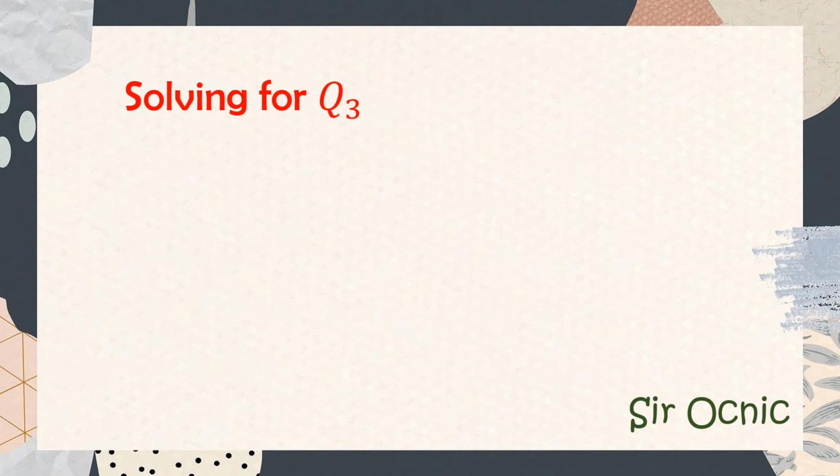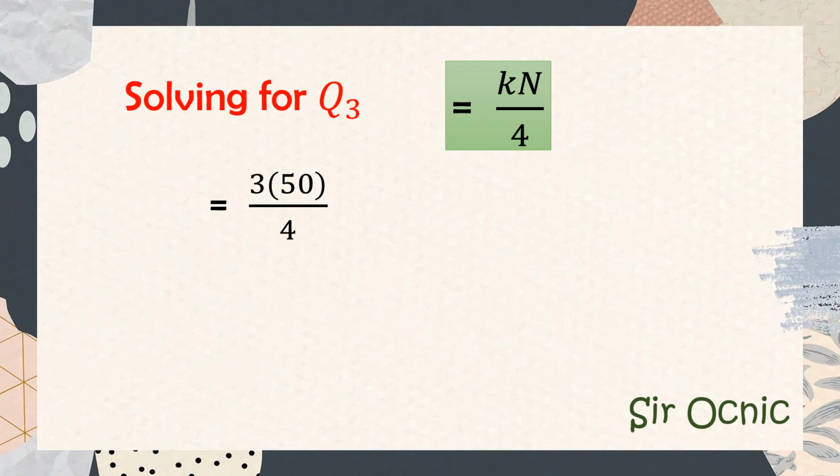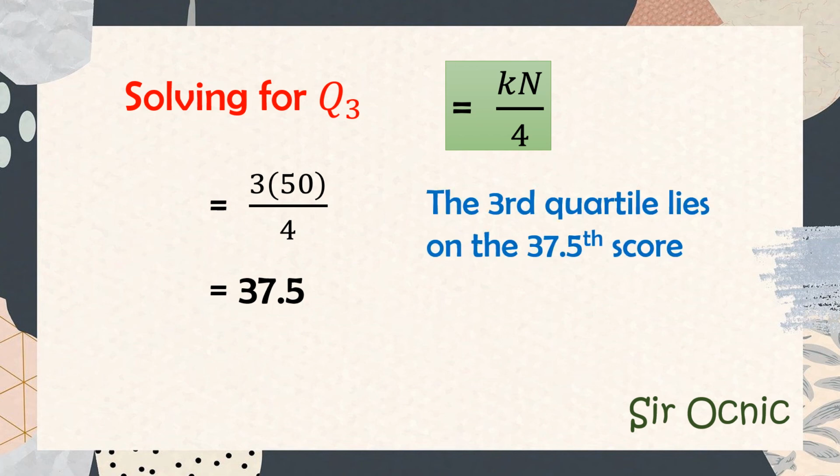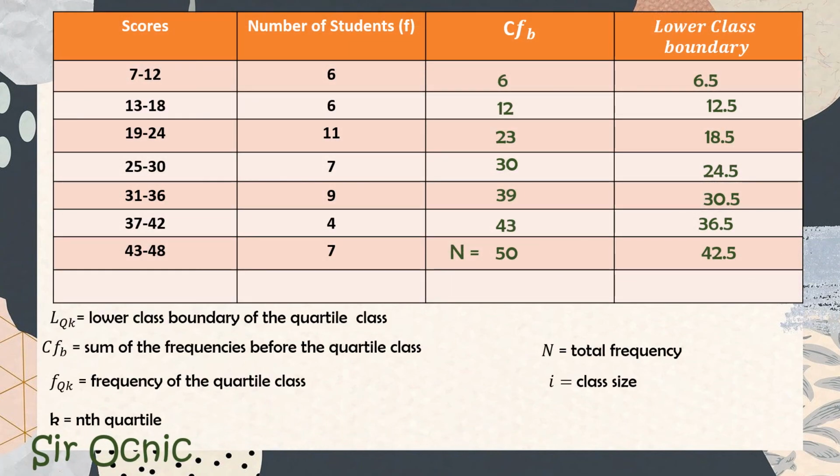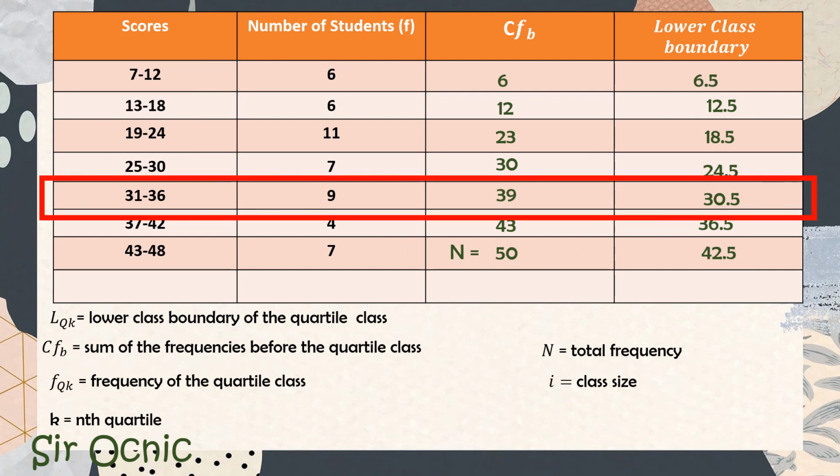Solving for the third quartile using k is equal to 3, we will have 3 times 50 all over 4, which is equal to 37.5. The third quartile lies on the 37.5th score of the frequency distribution. The 37.5th score lies in the class interval 31 to 36.